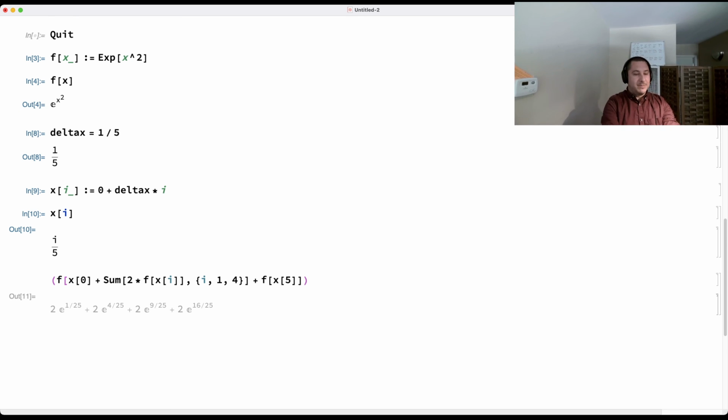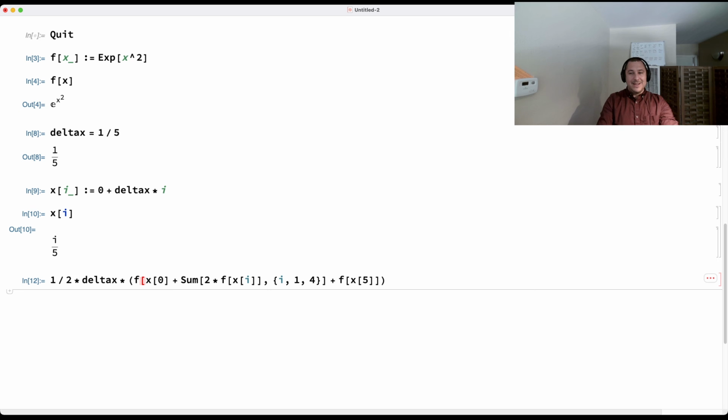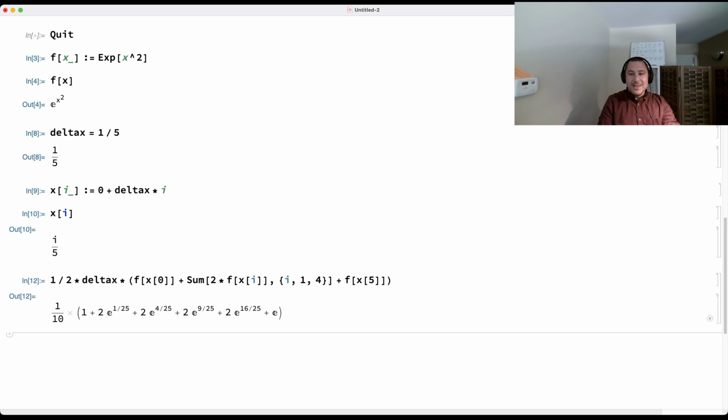What does that need to be multiplied by? 1/2 times delta x. Oh, I screwed up a parentheses. And then boom, look, there it is. It's 1/2 times delta x times f of x0 plus 2 times f of x1, 2 times f of x2, 2 times f of x3, 2 times f of x4, plus f of x5, boom!